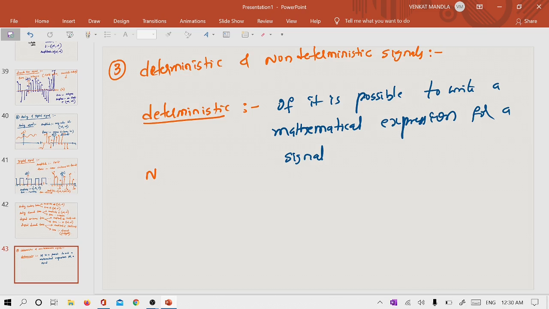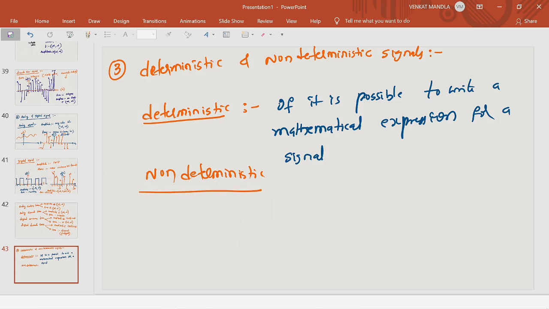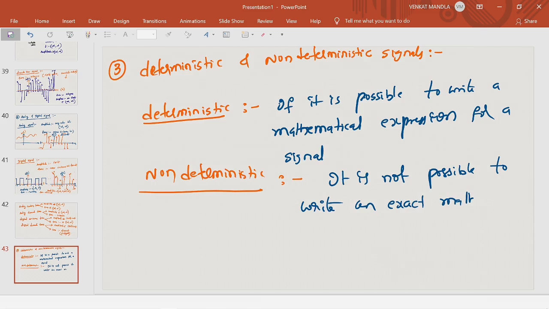But for a non-deterministic signal, it is not possible to write an exact mathematical expression.